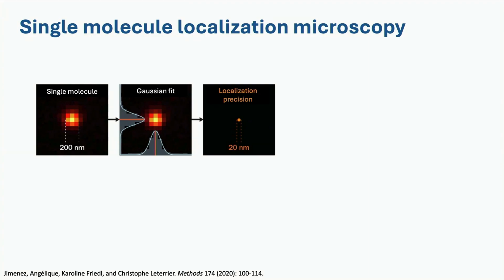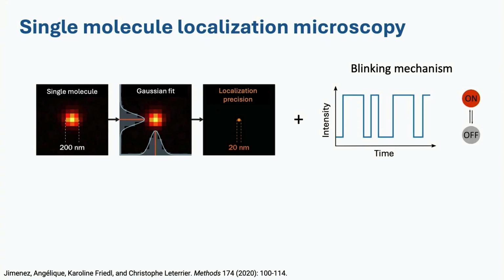So the key of these techniques is having single molecules, so you can fit them and have a really small localization precision. For having single molecules, what you have to do is separate them, right? Because typically you cannot resolve them. So what we do to separate them, we separate them in time. So to this, we add a blinking mechanism where we can turn on and off our dyes, and we can separate them in time.